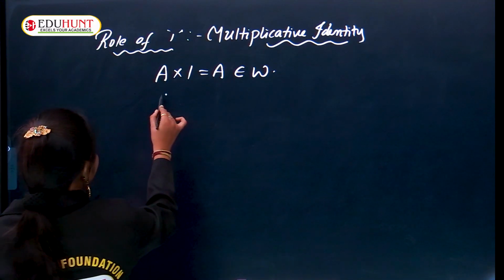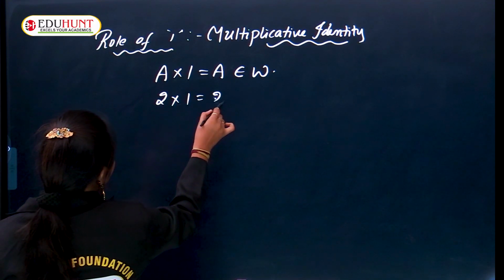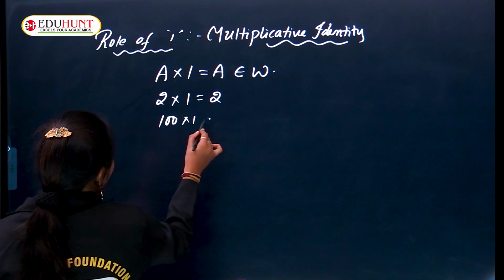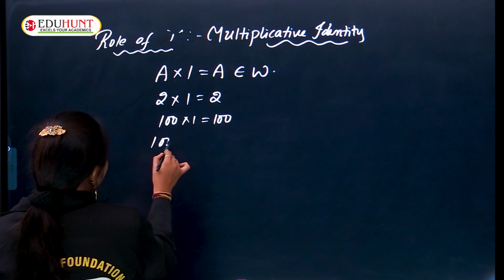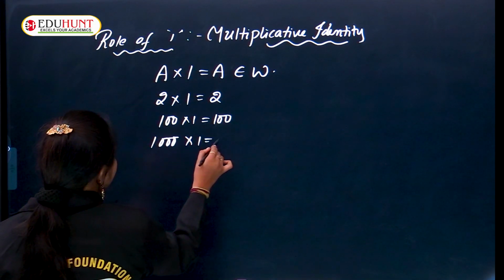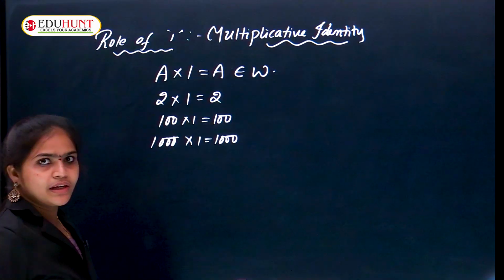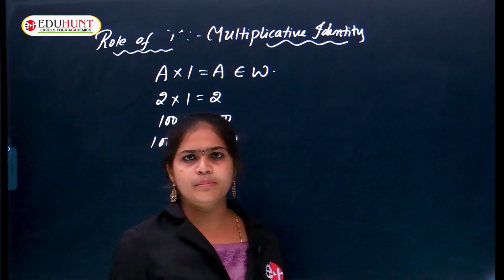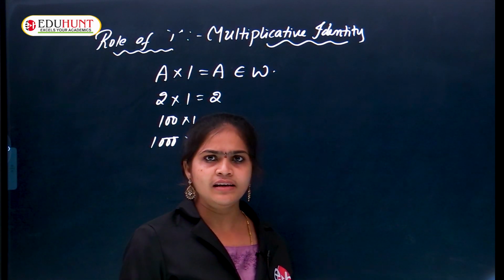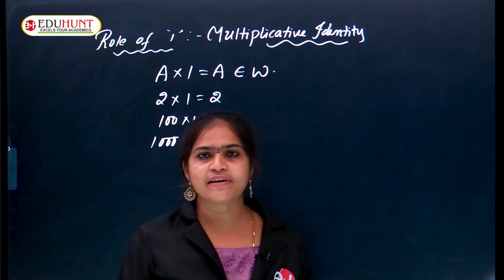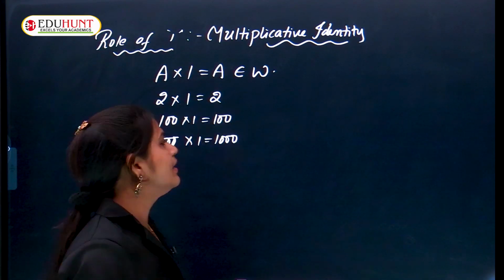Okay, see that 2 into 1 is 2, 100 into 1 is 100, 1000 into 1 is 1000. What we can observe here, that is any whole number. If you multiply any whole number by 1, then again you will get the same number itself as a resultant. Understood, ma? Yes.